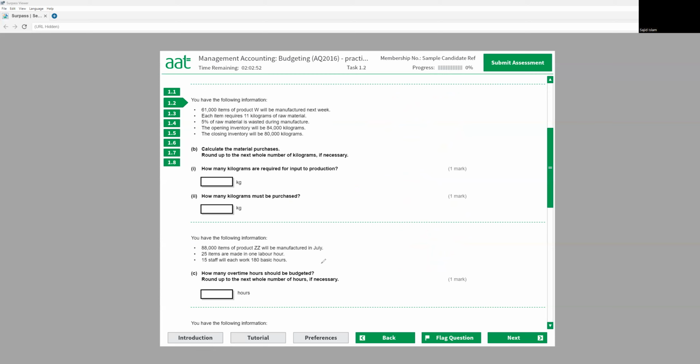So first I need to know how many hours I actually need. I can see here that in 1 hour I can make 25. We need to make a total of 88,000 items. So let's find out how many hours I need.